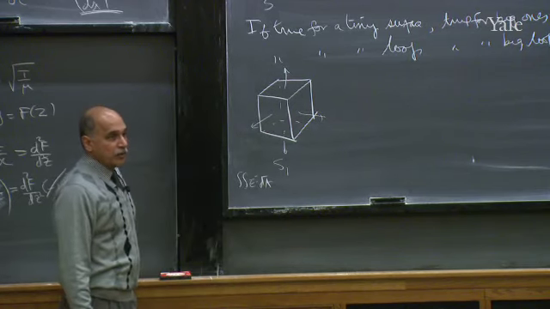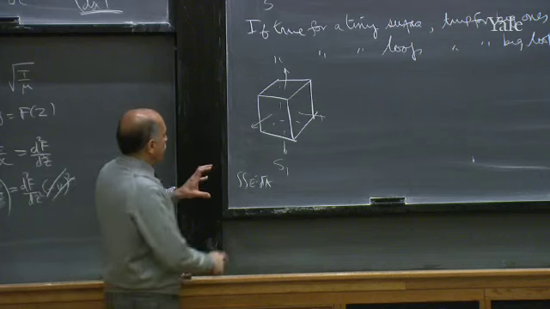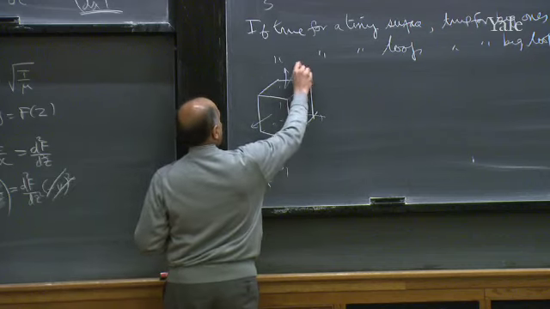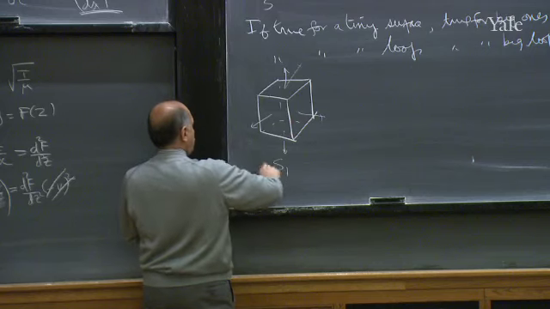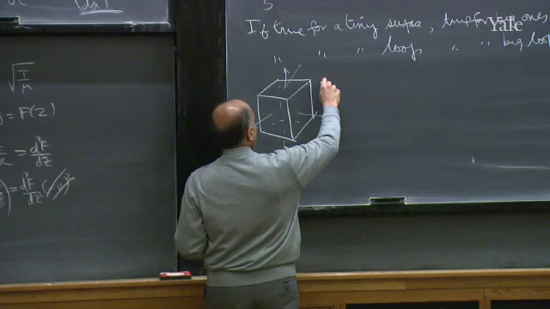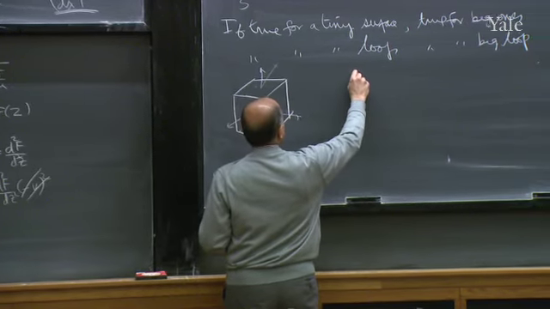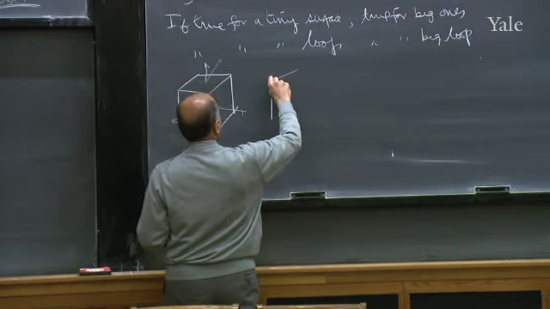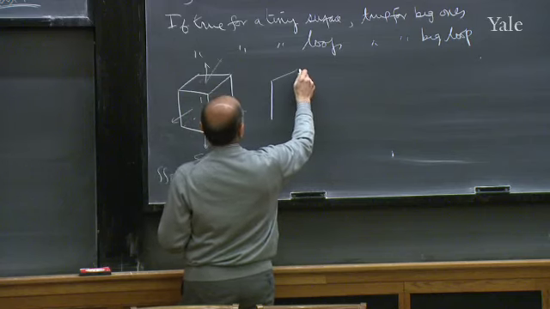So you take the little cube. E may be pointing this way there or that way there, but you take the dot product with the area and you add them. Then I take a second cube here.